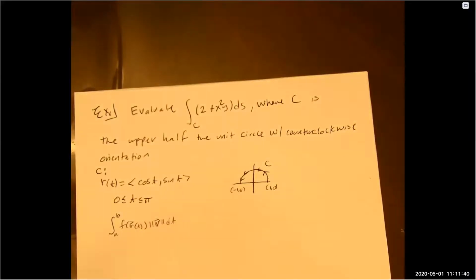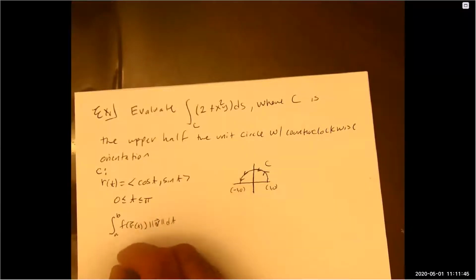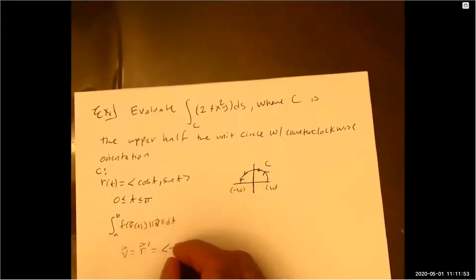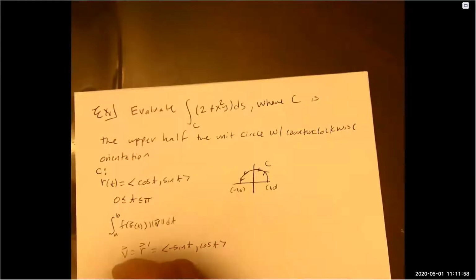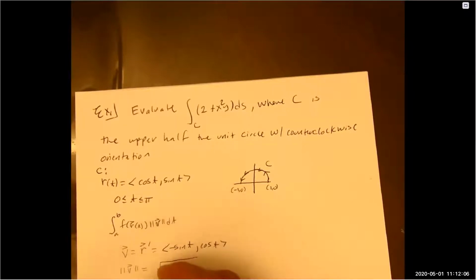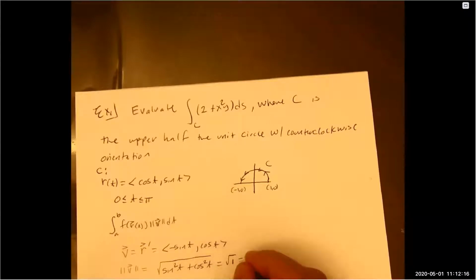So we need to calculate, first of all, the derivative and then take its magnitude. v is the same thing as r prime, and that's going to be equal to minus sine t, cosine t. And so the speed is just going to be the square root of sine squared of t plus cosine squared t, which is the square root of 1, which equals 1.